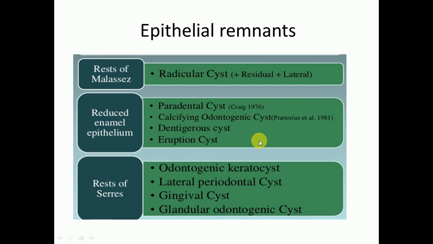Then we will discuss the epithelial remnants, the remnants from which the cysts are derived. It may be rests of Malassez, from Hertwig's root sheath, which may give rise to radicular cyst, residual cyst and lateral cyst. It may be reduced enamel epithelium, derived from the inner enamel epithelium, which may give rise to paradental cyst, calcifying odontogenic cyst, dentigerous cyst, and eruption cyst.